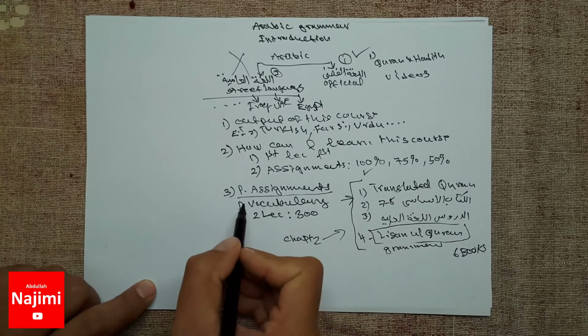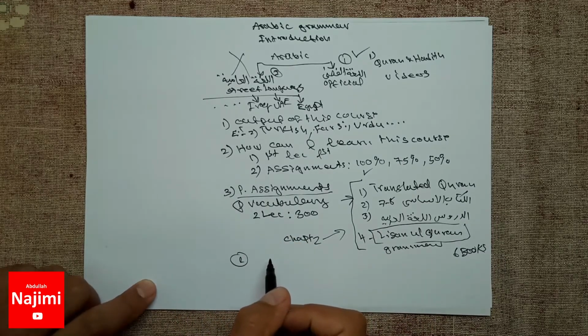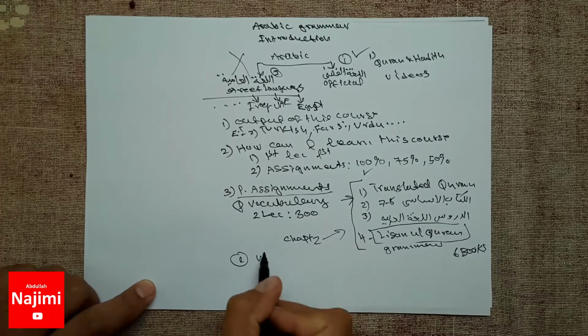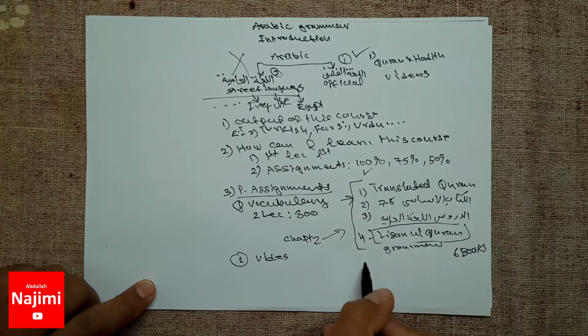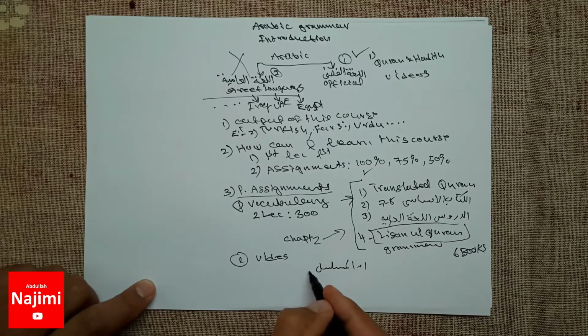So that was the first permanent assignment. Second, you may watch some videos in order to improve your listening. There could be many videos, you may go through different videos as you wish, but there are some TV series, المسلسل كلام الله.